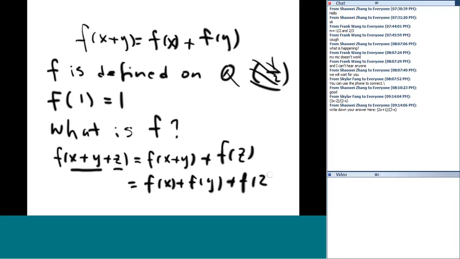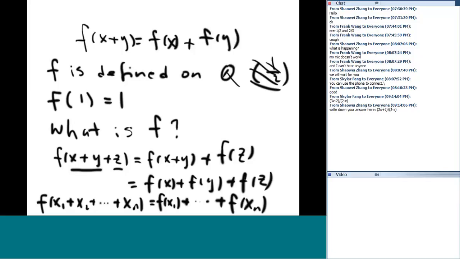Right? So you're going to have f(x1 + x2 + ... + xn) equal to f(x1) + ... + f(xn). Right?